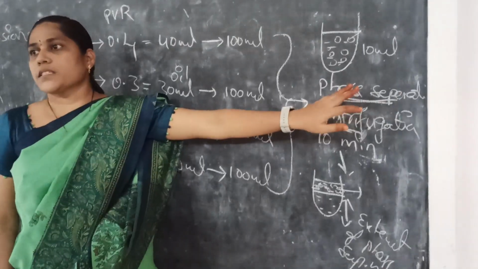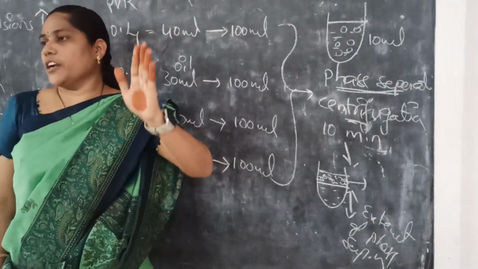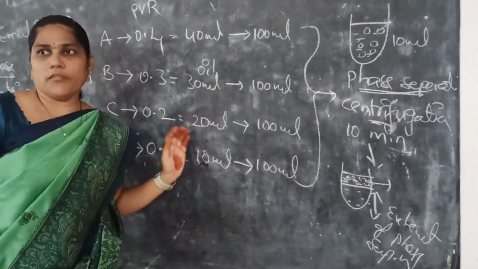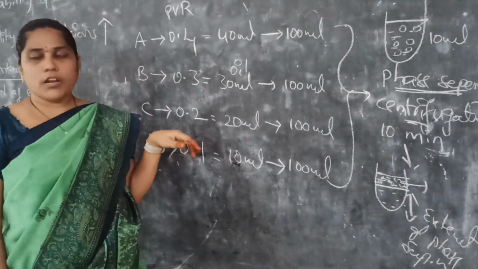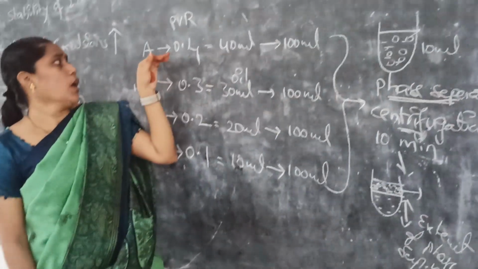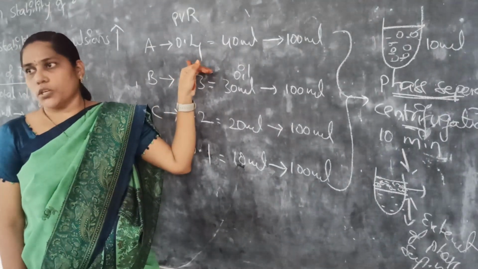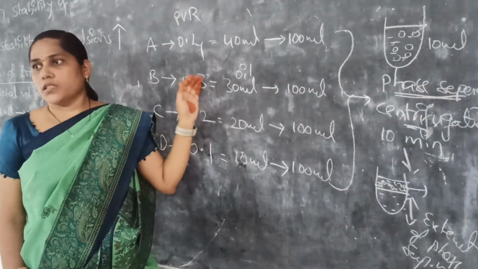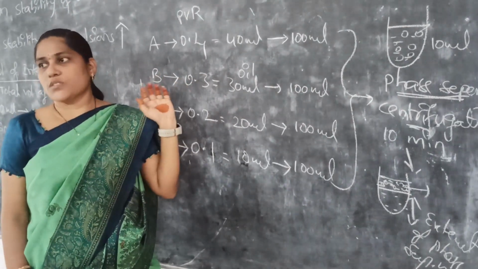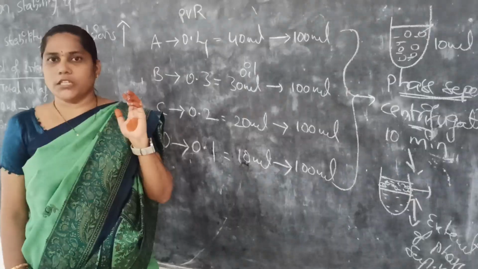We measure how many centimeters of phase separated. Emulsion D will show the higher amount of phase separation, whereas emulsion A will show the lesser amount. To know the actual results, we have to do the experiment and prove that whenever the phase volume ratio is high, the stability is high.